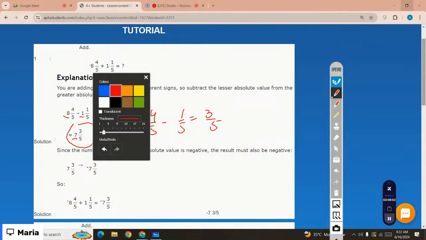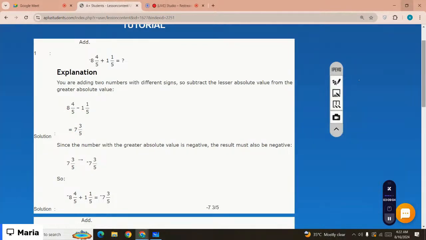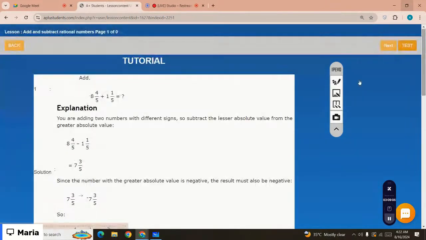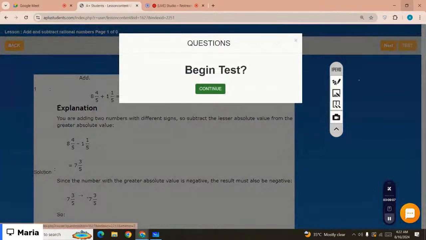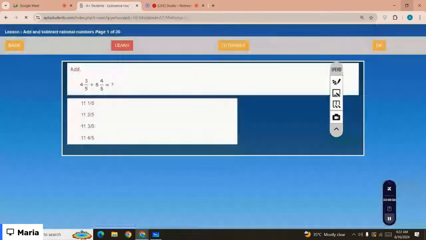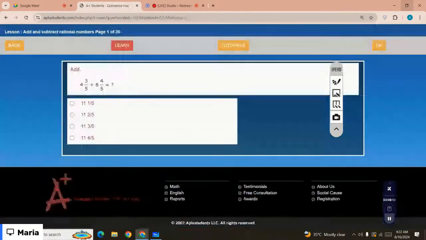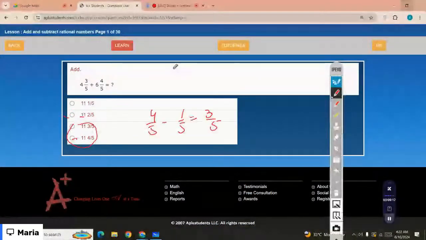Let's just start with the test questions. Okay, 4 whole 3 by 5 plus 6 whole 4 over 5. So let's see how we add. You have 6 and 4, 10, right?